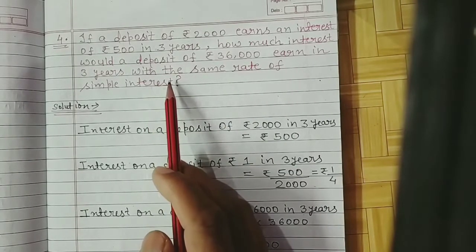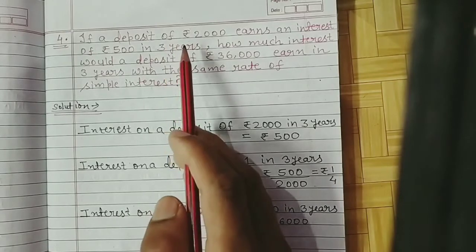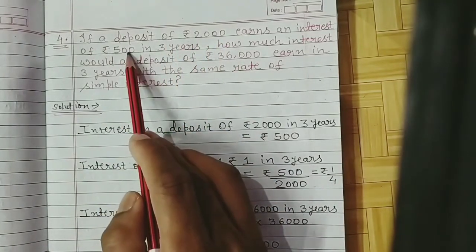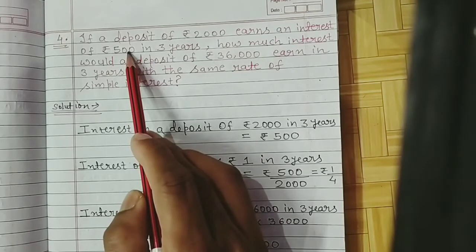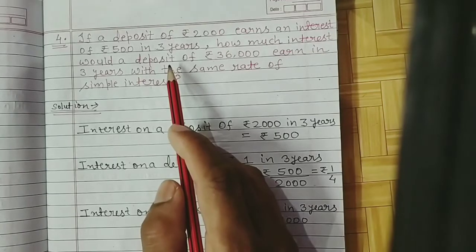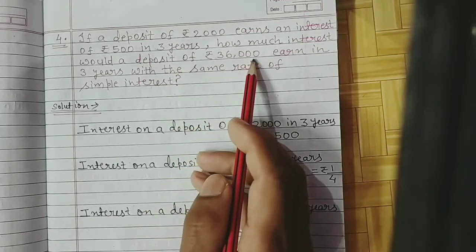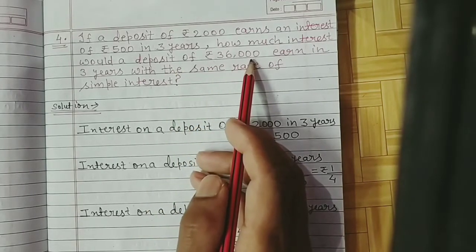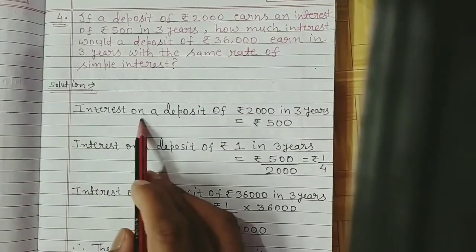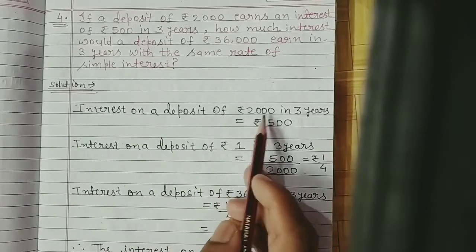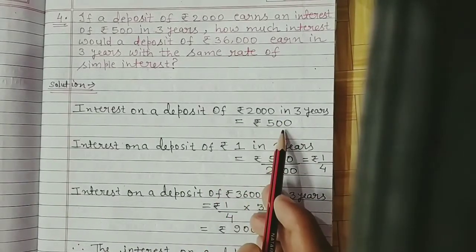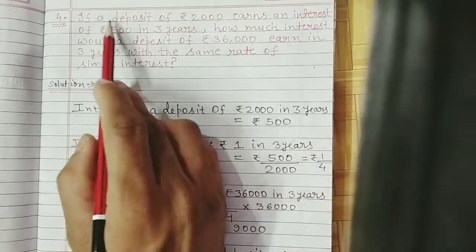So in this question, the interest on rupees 2,000 is given, that is rupees 500. And we have to find how much interest on rupees 36,000. So for this I have written here interest on a deposit of rupees 2,000 in 3 years equal to rupees 500, as it is given in the question.